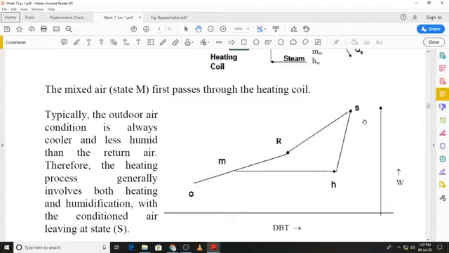So if you need to find out the rate at which energy is being lost from the conditioned space, we can multiply the mass flow rate of the air by HS minus HR. That will be the heating load for the conditioned space.